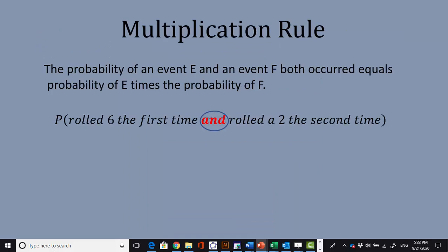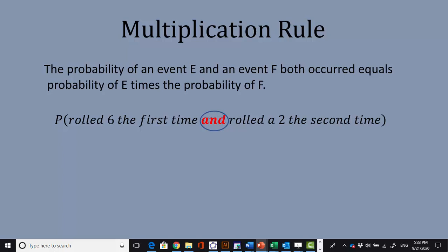The second method I'm going to discuss is the multiplication rule. The multiplication rule says the probability of event E and event F both occurring equals the probability of E times the probability of F. Now let's apply that to our probability problem.